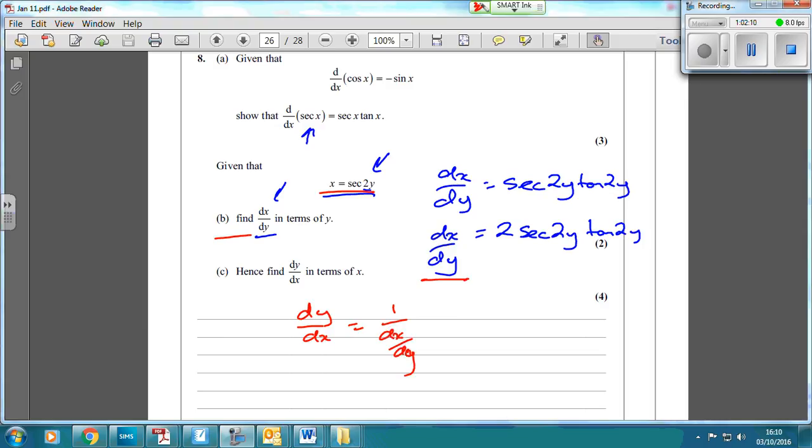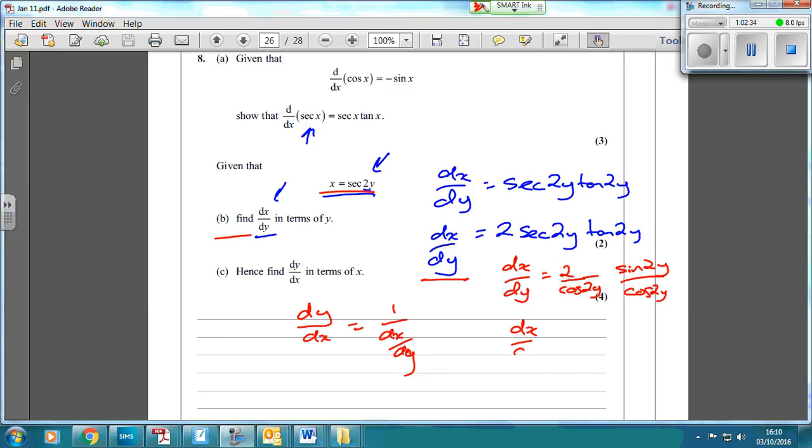And what I would do for that one is I'll probably rewrite dx by dy. So sec 2y is going to be 1 over cos 2y, and so I'd say that's going to be 2 over cos 2y. And tan 2y is going to be sine 2y over cos 2y.